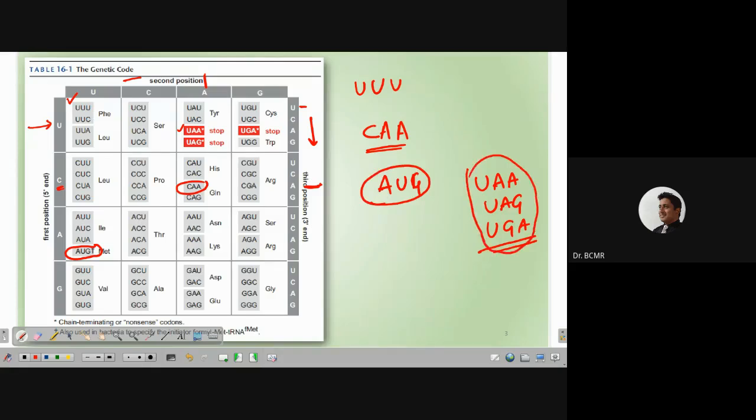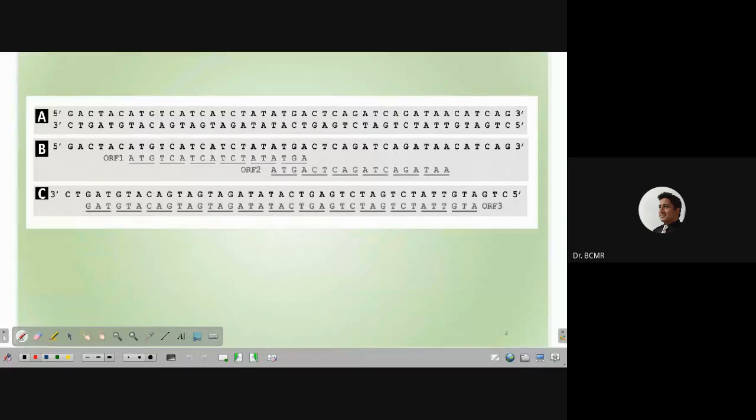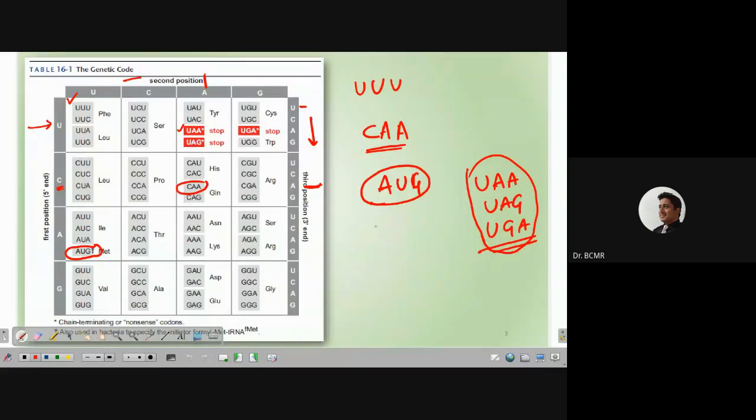There are certain rules about the open reading frame, that is, you have to read it in continuity. That is ORF, open reading frame.